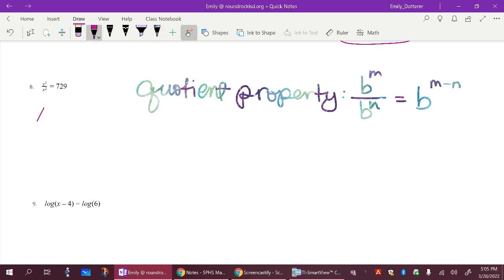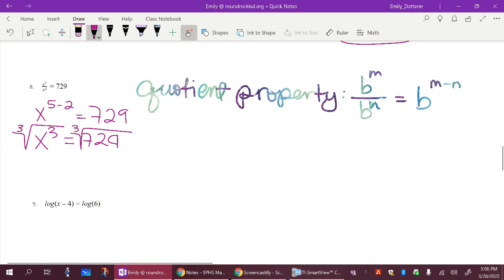So over here, our base is x. We're going to subtract the two exponents. Excuse me. 5 minus 2 is 3, so x to the third is 729. Take the cube root of both sides, and we get that x equals 9.